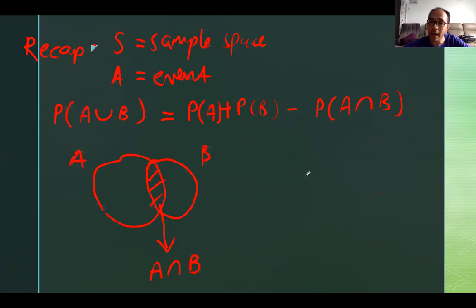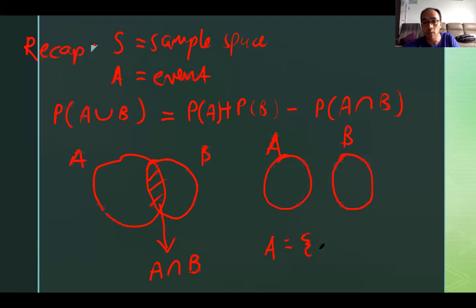A mutually exclusive event is when the Venn diagram looks like this: this is group A, this is group B, and there is no overlap between the two. For example, in the case of rolling a die, let's say event A is getting an odd number, so the odd numbers are 1, 3, and 5.